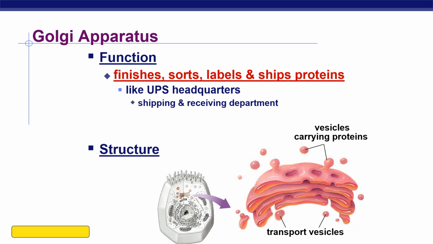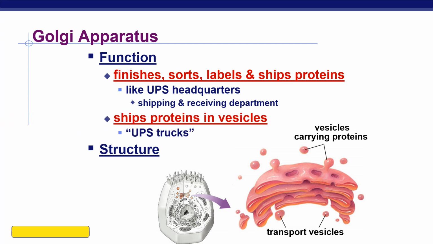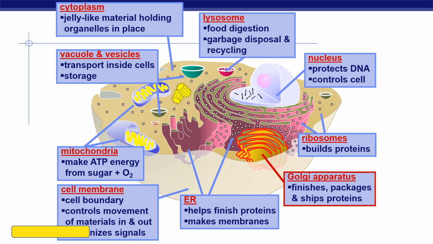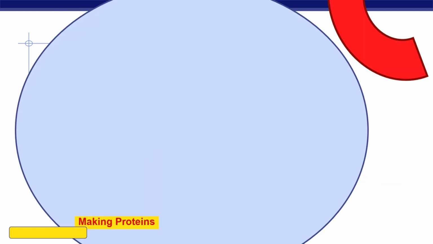So just like that of the Golgi apparatus, it ships and it's considered as the shipping and receiving department because it ships proteins in vesicles. Now, let's look into its structure. Just like that of the vesicle, the Golgi apparatus has membrane sacs. Okay, so this is how protein is being made.